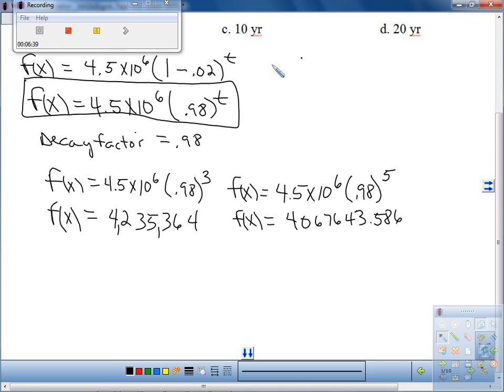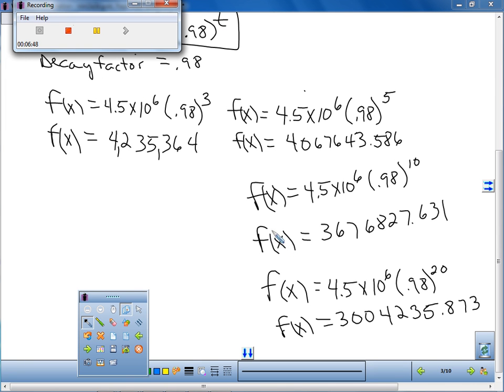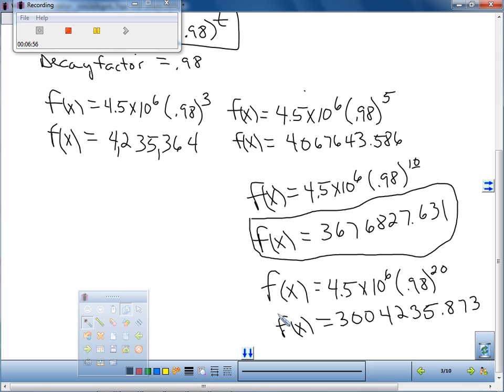Now, I'm going to write out the function. Remember that time is the only thing that's changing for us. Alright, so here are our answers for after 10 years. This is how much of the forest is left, or how many acres of the forest is left. And then after 20 years, there's this much left of the forest.